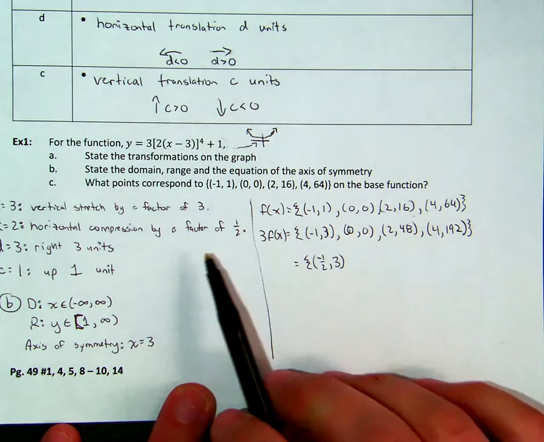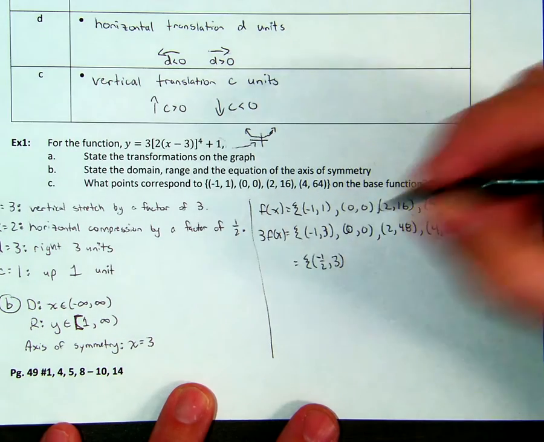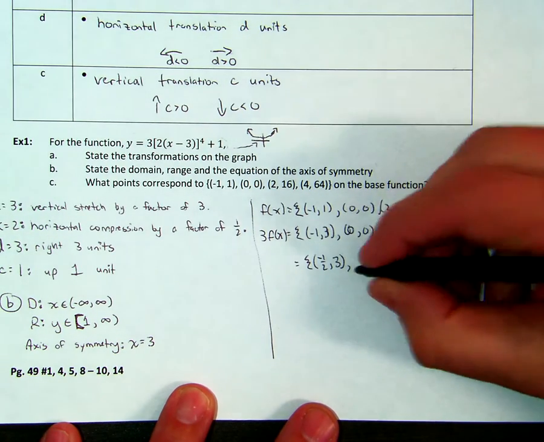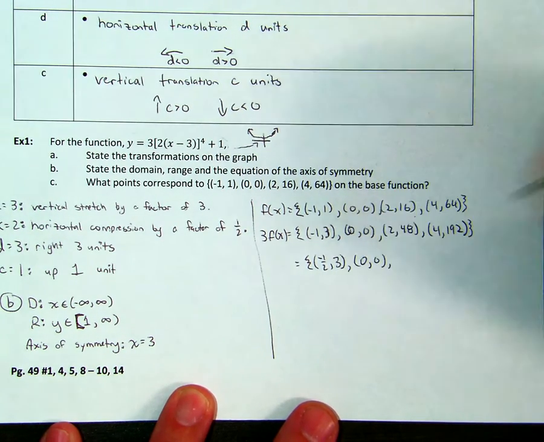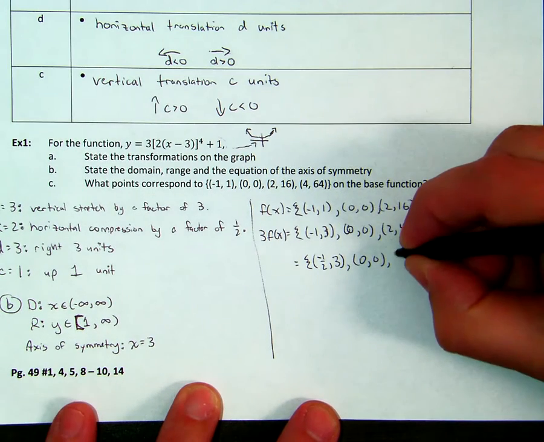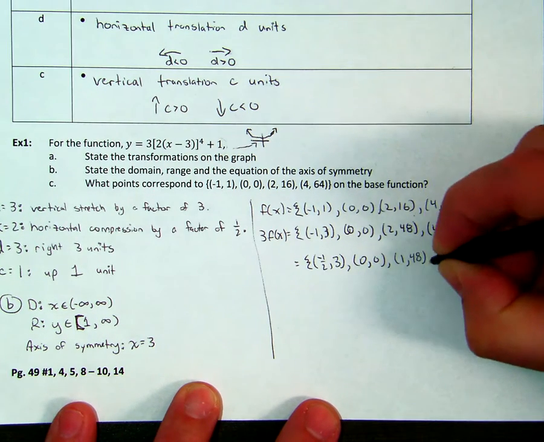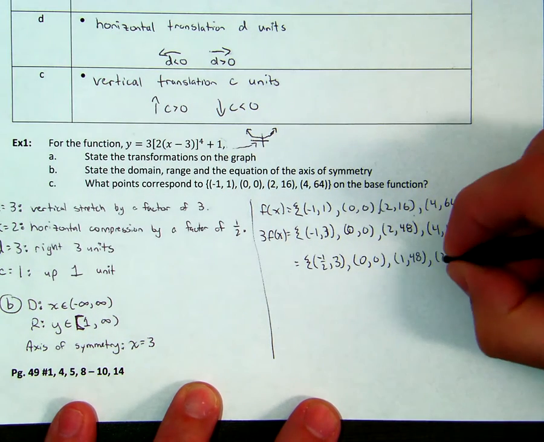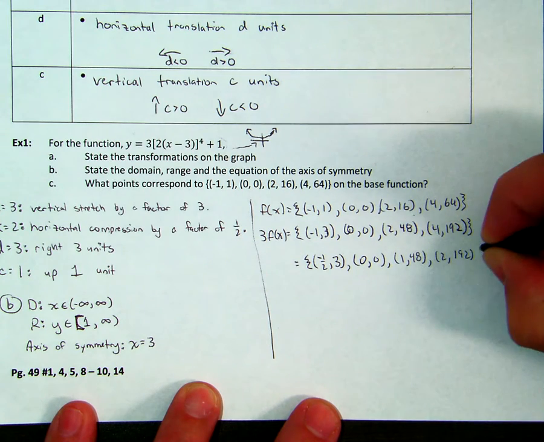That's why I'm dividing all the x's by 2, or multiplying them by a half. 0 times a half is 0, so I'm not touching the y coordinates here. Half times 2 is 1, so (1, 48). Half times 4 is 2, so (2, 192).